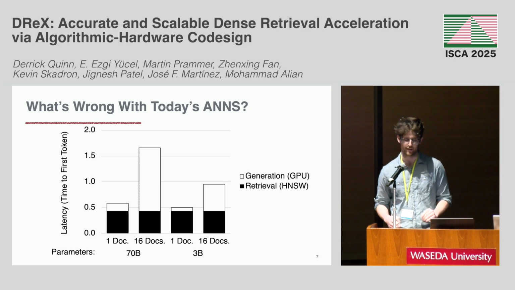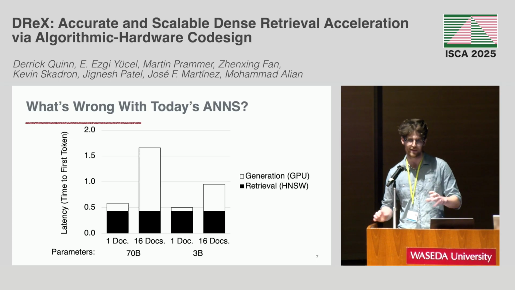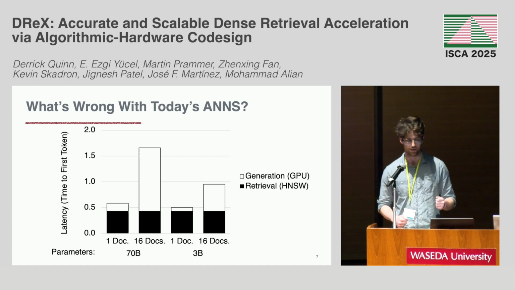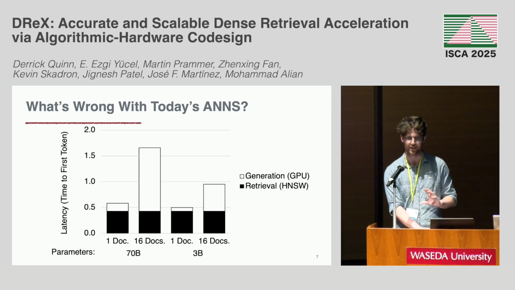And the other thing is that as we increase the number of documents that are fed to the generative model, that massively increases latency. And so if we can accelerate retrieval, we can cut down on the retrieval part, of course, but if we can make the retrieval higher quality and reduce that number of documents, we can accelerate generation as well. That's really the motivation here.